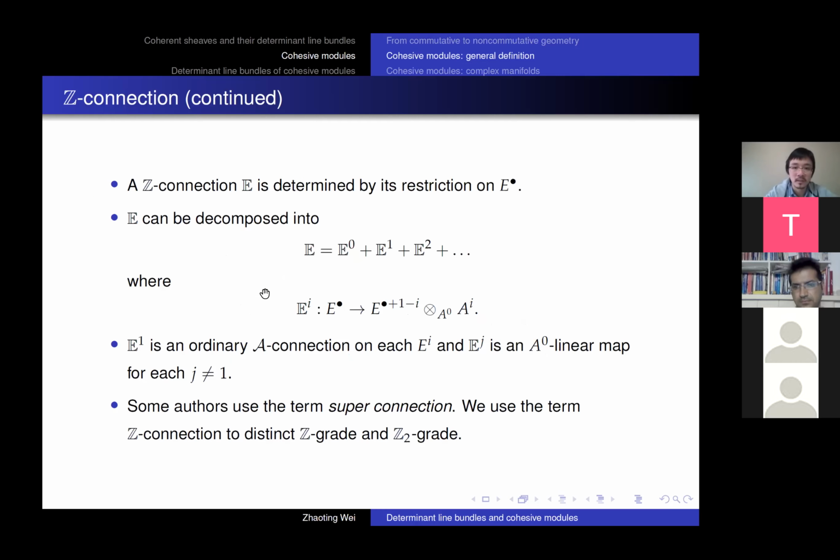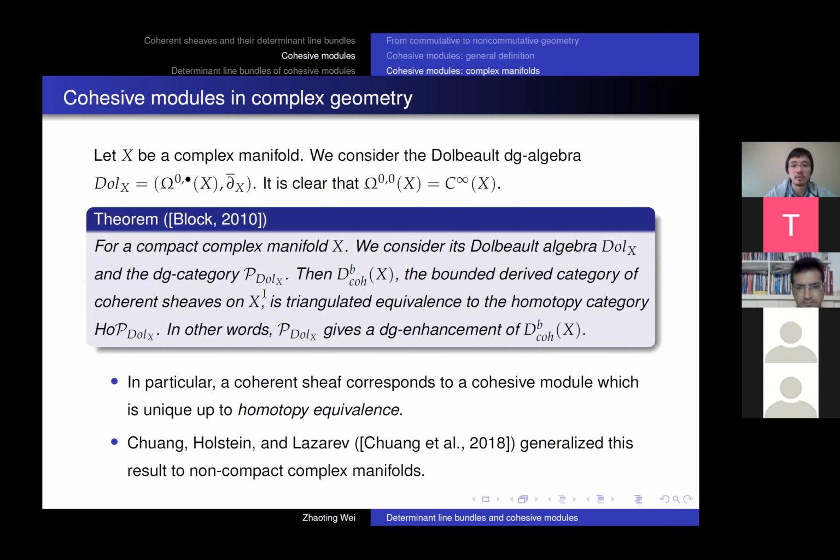The point of Block's result is that with this little bit more flexibility, we can use cohesive modules to represent any coherent sheaf, and actually any bounded complex of coherent sheaves on a complex manifold. This result holds for non-compact complex manifolds too. Block's proof is only for compact complex manifolds, and recently it has been generalized to the non-compact case with slight modification.